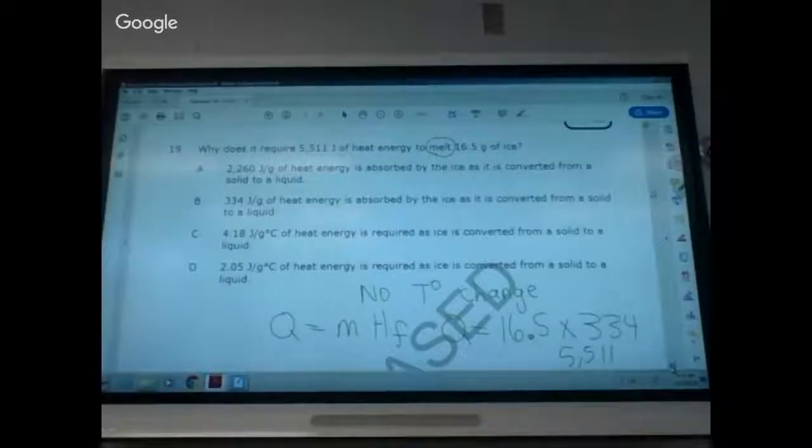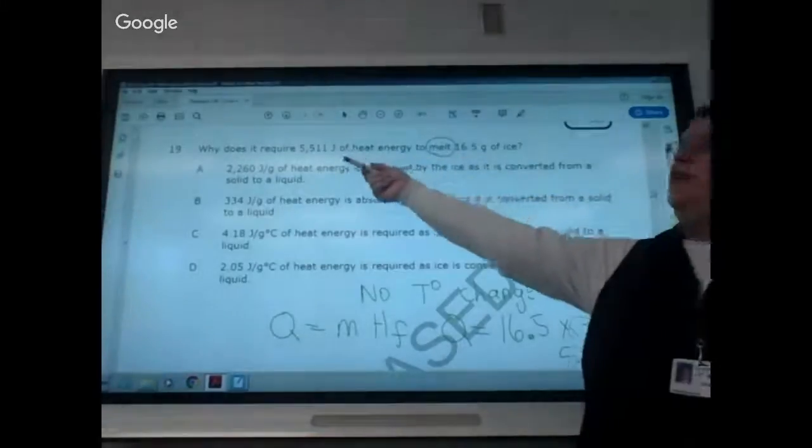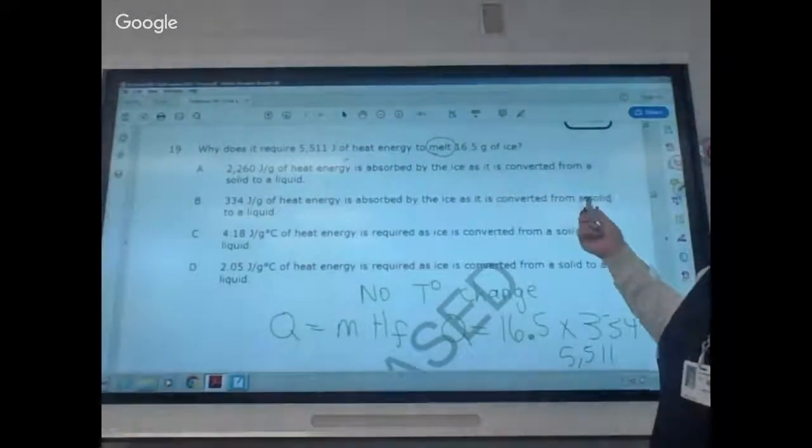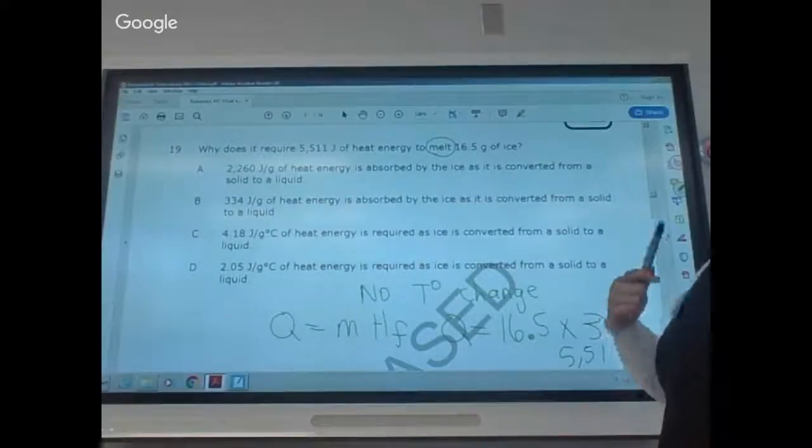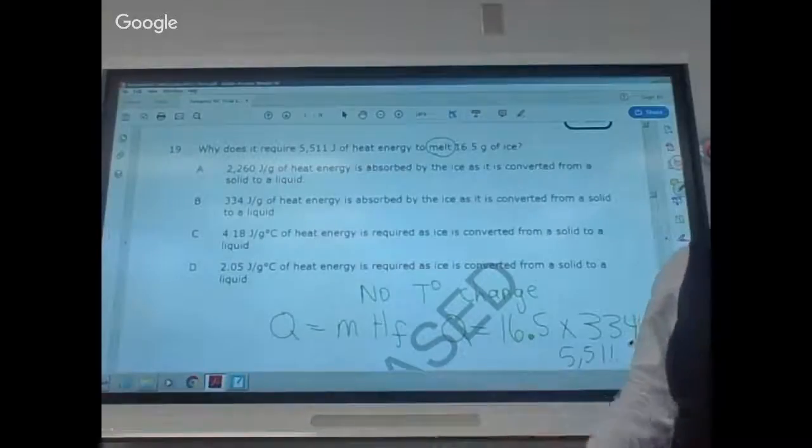It's not asking you to actually calculate. It's asking you, why does it require this amount of energy? Okay? It's because you need 334 joules of heat. All you had to know was that you need the heat of fusion equation.